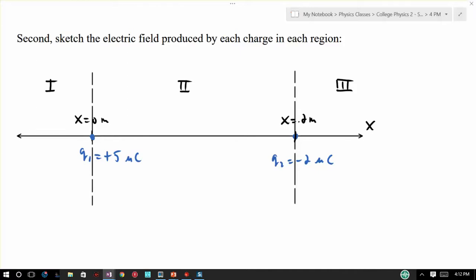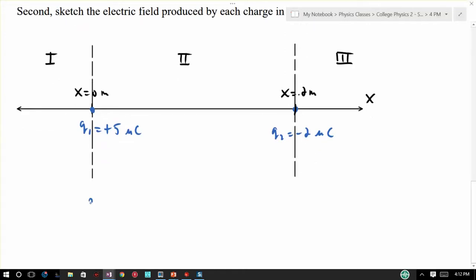So which way does the field go for a positive charge? Does anyone know? I mentioned it before. No. It goes away from a positive charge, right? The field goes away from a positive charge. So here's the positive charge, right? This is just a little sketch to help visualize the field around the positive charge, right?